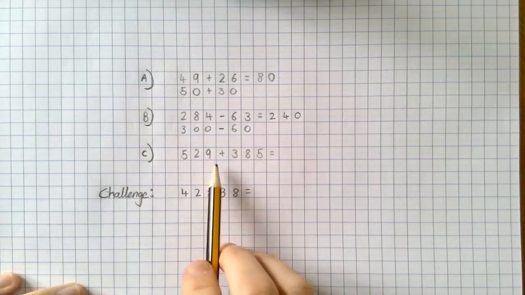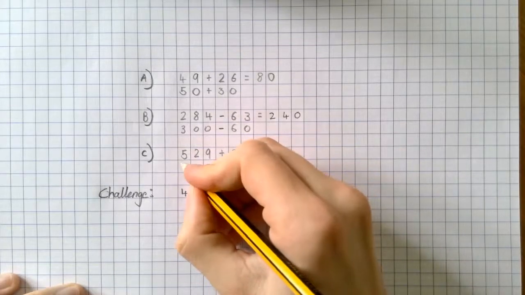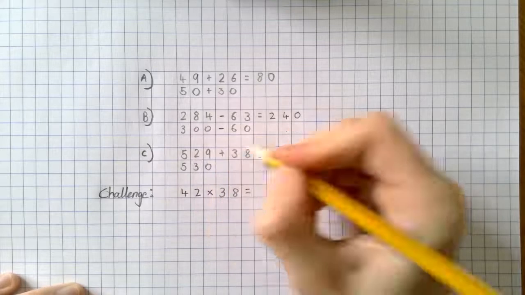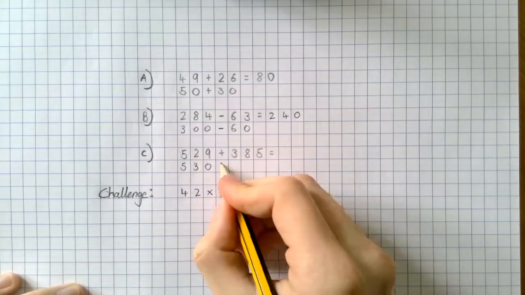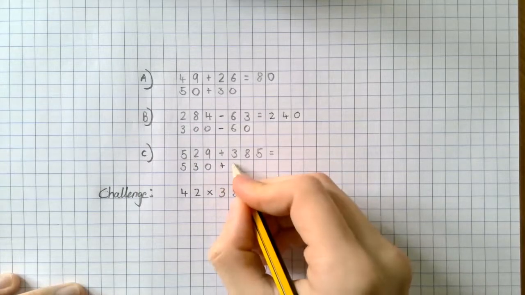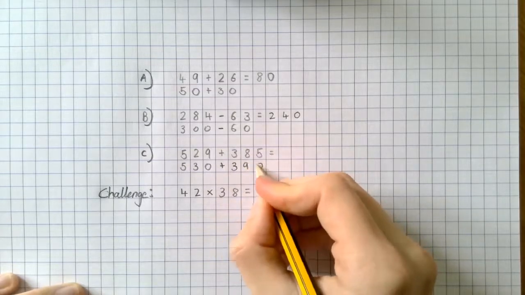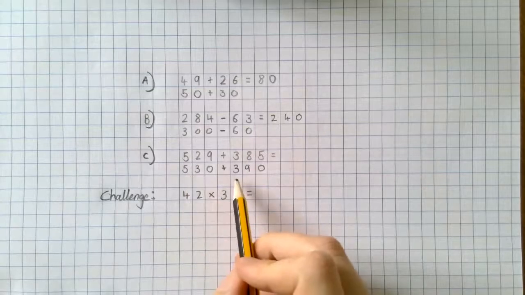And back for some adding. I'm going to round this one to 530. It might be that you put that just to 500. And then this, I'm going to take to 390. And again, I could have made that nice for myself. I could have had 500 and 400.